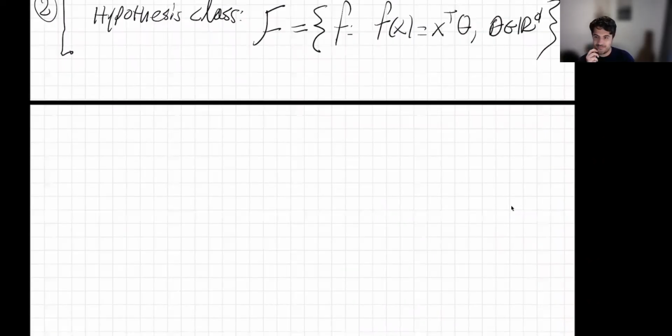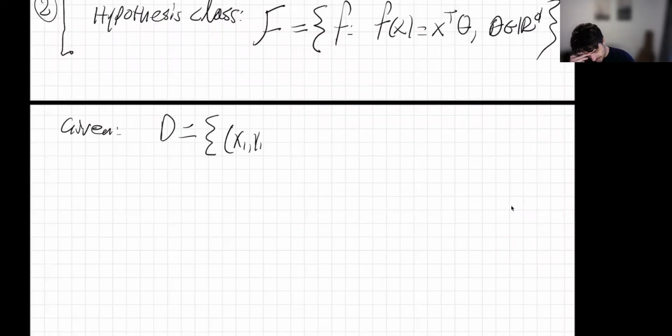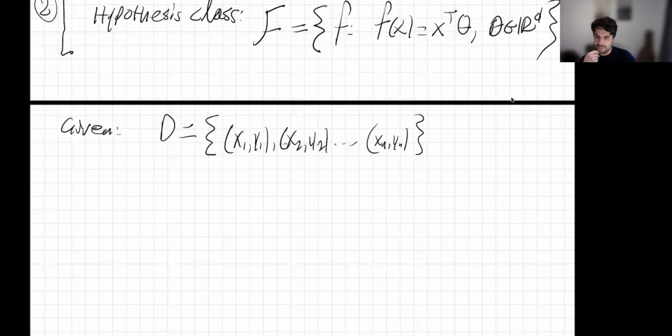Now let's say that someone is giving us a dataset: x1, y1, x2, y2, we get n of those, xn, yn. And we're going to use some helpful notation.